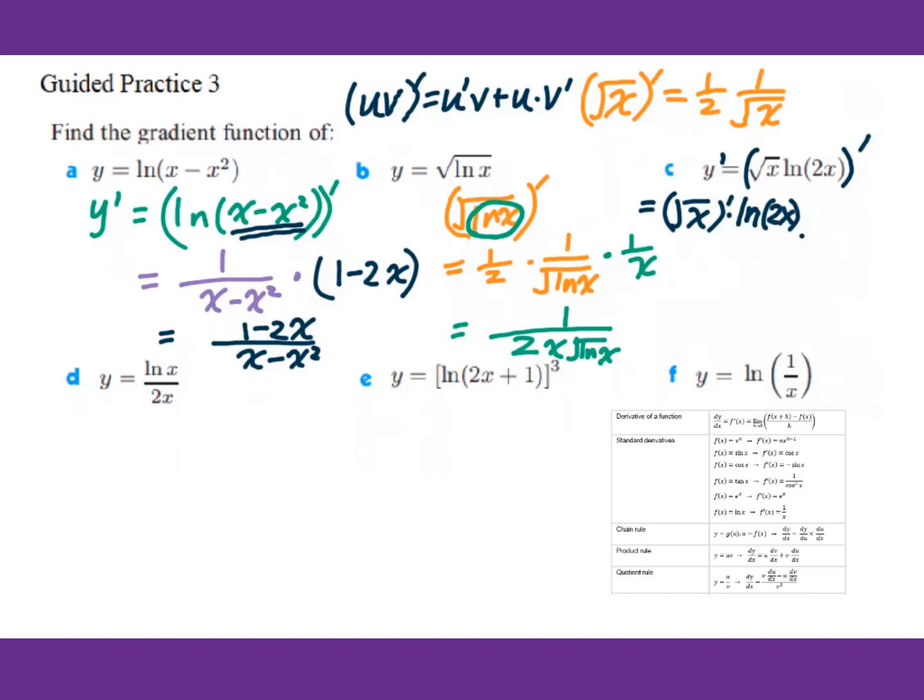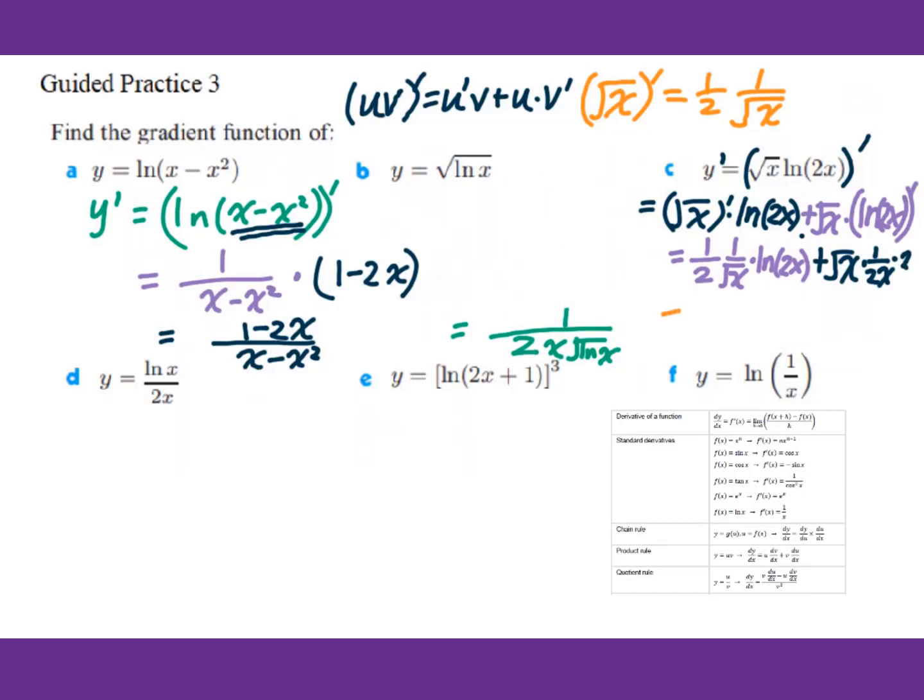Then plus square root of x times the derivative of natural log of 2x, which will be 1 over 2x, then the derivative of 2x, which is 2.